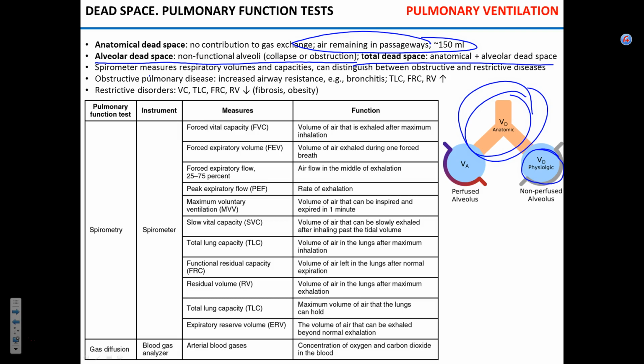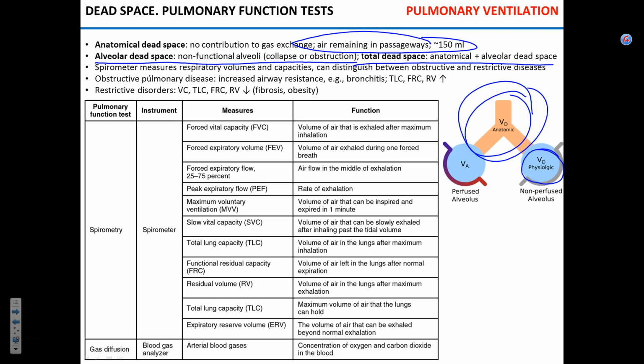Now, let me ask you just this. So, say you inhale. I just pick the numbers from the ceiling, okay? You inhale 2,000 milliliters of air. Your anatomical dead space is 150. Your alveolar dead space, I'm sorry, 150.